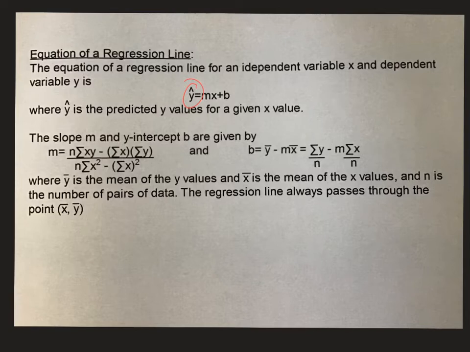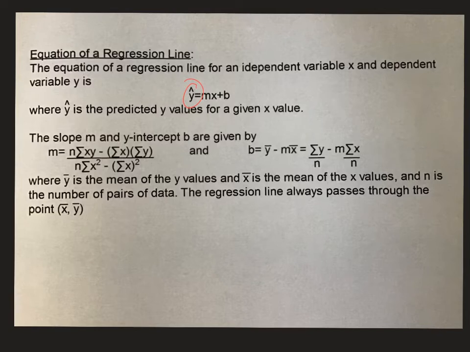Whereas when we're writing equations of lines, it's not a scatter plot, so those y values are the y values. But nothing changes as far as what the line looks like: y equals mx plus b, slope is still m, y-intercept is still b.